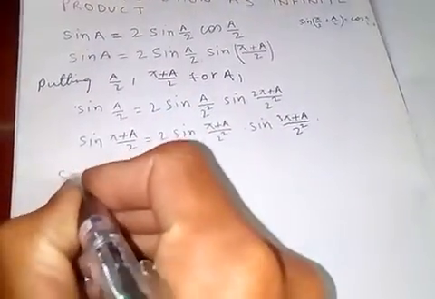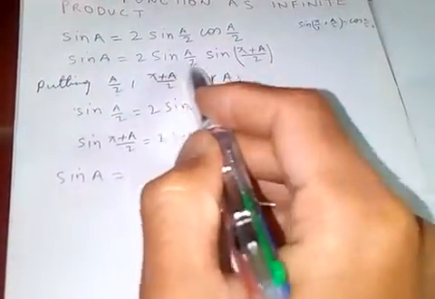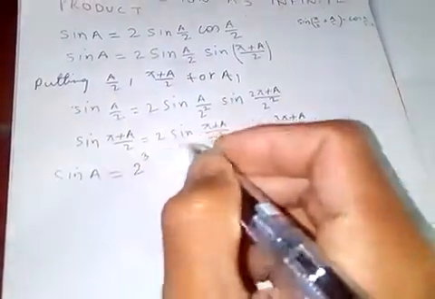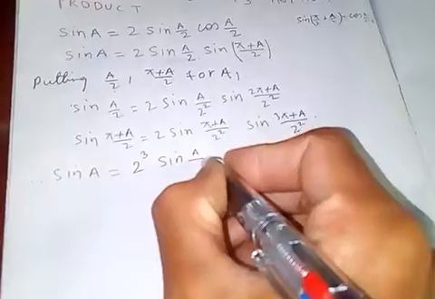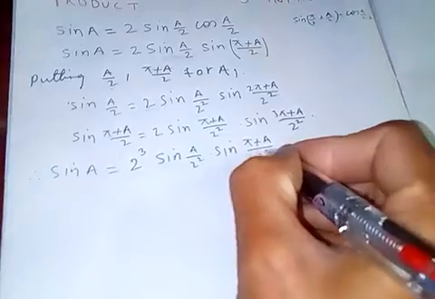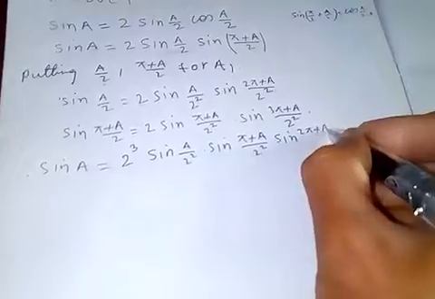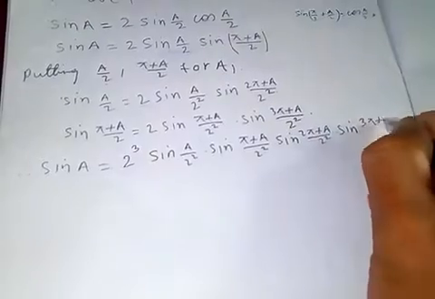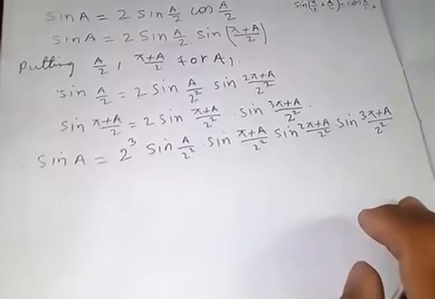So what we will get is sine of A is equal to, here in this value we have 2, this also 2, 2, 2, 2, which is 2 squared. In place of this one, sine A over 2 squared, let's arrange pi plus A over 2 squared, sine 2 pi plus A over 2 squared, sine 3 pi plus A over 2 squared.